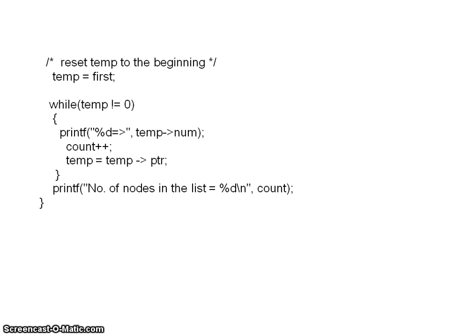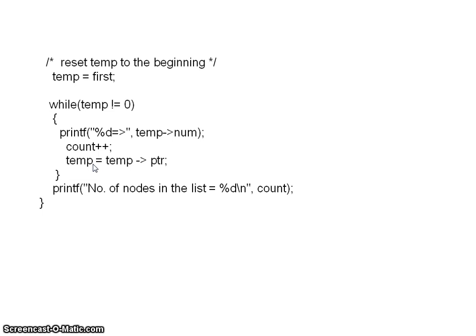So we have written while temp is not equal to 0 and printed the data present in the node and also incremented the value of count, which was initialized to 0 in the beginning, and moved the variable temp to the next node. So this will continue till temp is going to point to a null value or 0, we can say. So in this way it will traverse the entire linked list and will display the data.